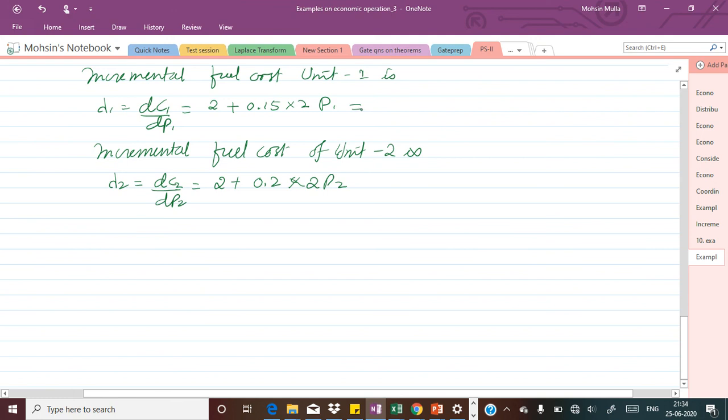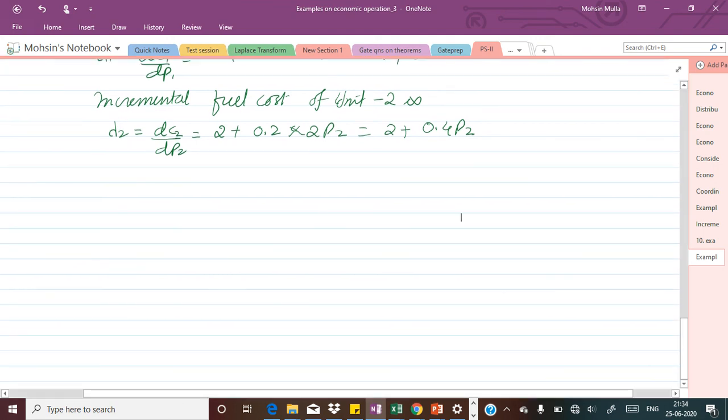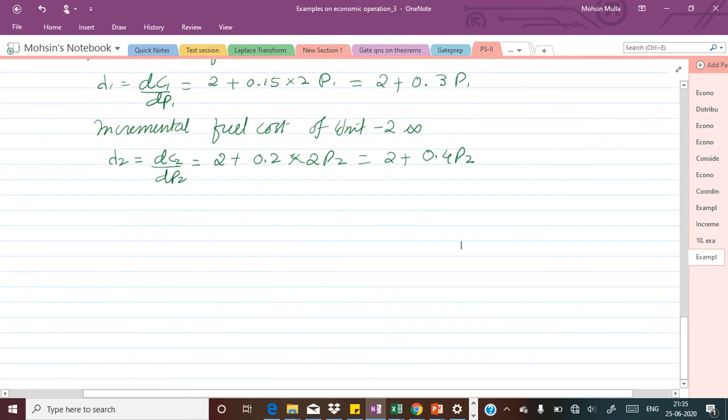Or you can just write this as 2 plus 0.3 P1, and this equals 2 plus 0.4 P2. Now these are the incremental cost equations.